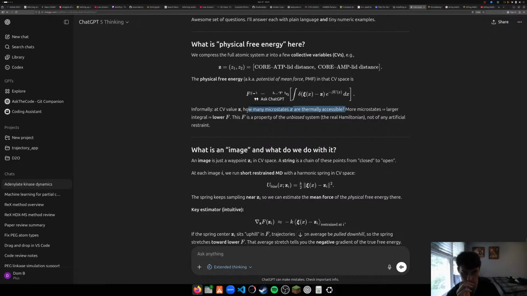How many microstates are thermally accessible?